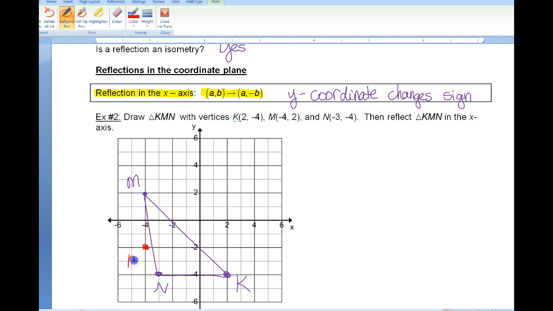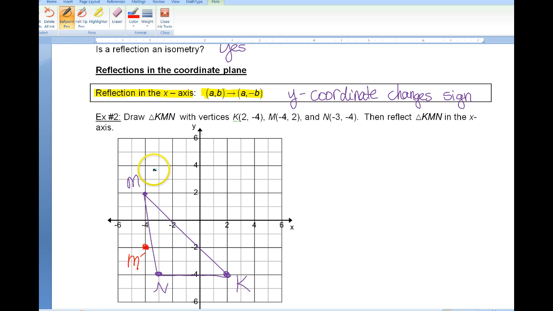If you have a different color, great. If you have a pen, it might be helpful to draw it in a different color. But as long as you're labeling the points with the prime next to it, I'll be able to follow in terms of your homework and test quizzes. Now we have to go for N. N is below the x-axis, so where's this going to go?